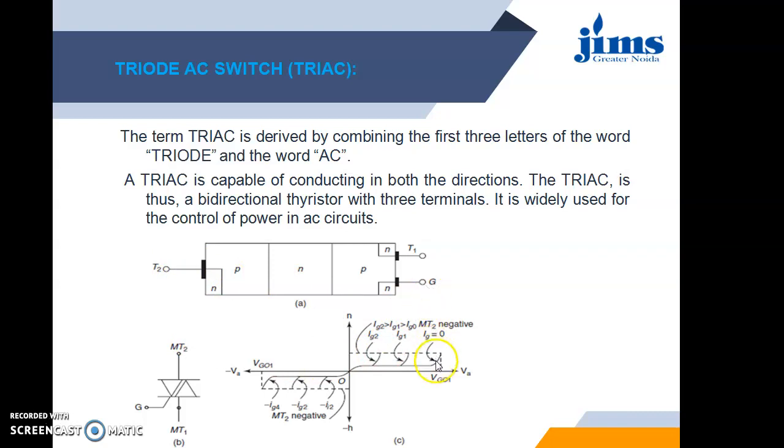Then if Ig is increased, as the Ig increases, the voltage requirement decreases. The same happens in reverse bias also. So it has got both the current conduction zones, in forward bias as well as in reverse bias. And here it is showing the symbol of a Triac, which shows the 2 SCRs connected back to back.